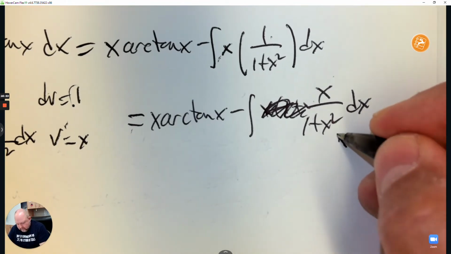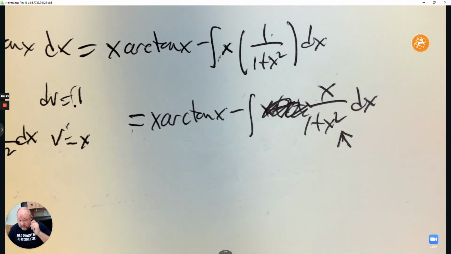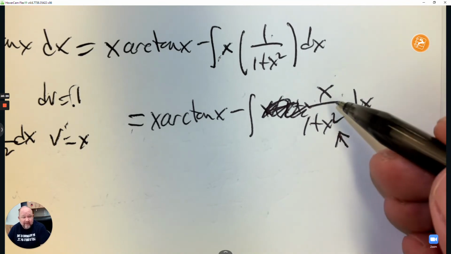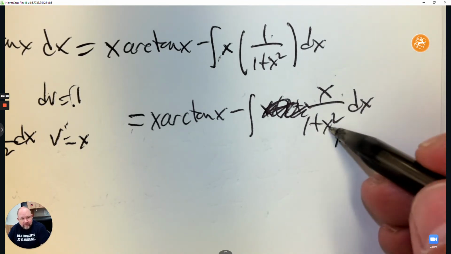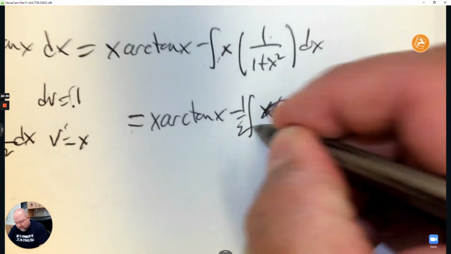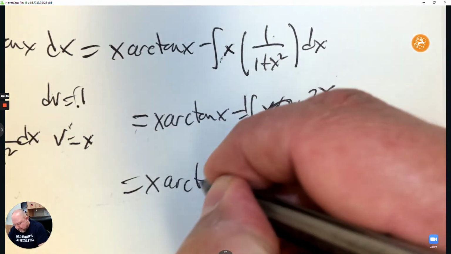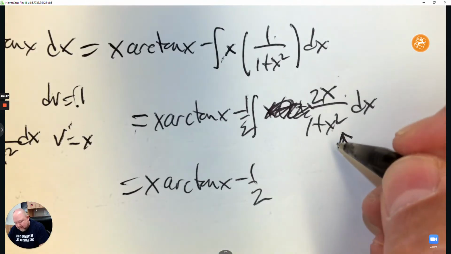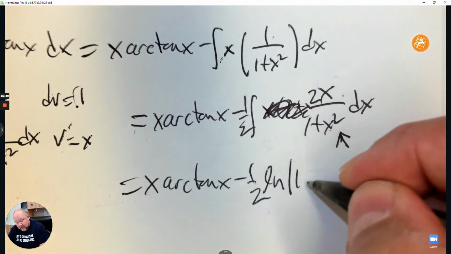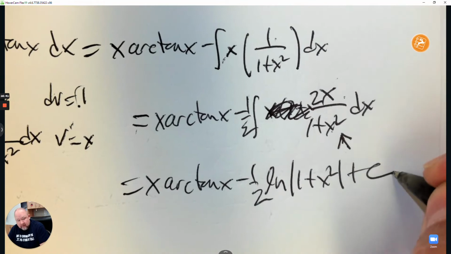And so what's the derivative of the denominator? Does it match the numerator? It's a logarithm then. And the derivative here is 2x, which means I need a 1/2 to undo the 2, so it stays the same. So we have x times arctangent x. We have 1/2, and then it's a logarithm, and what you see in the denominator goes inside the logarithm.